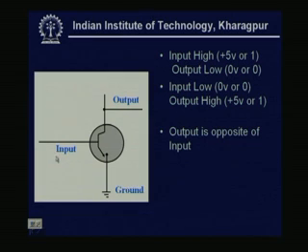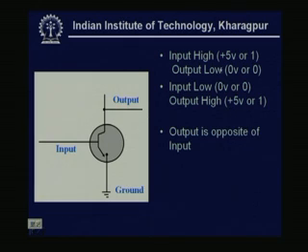So, now if the input is high, means +5 volts, then the output will be low. Similarly, if the input is low, then obviously there is no connection in the switch, that means the output will be high, +5 volts.